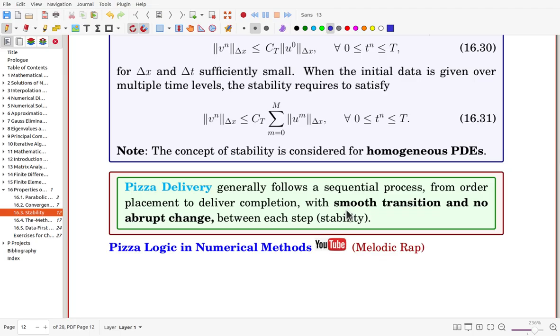Along with this strategy, the pizza delivery can be more stable. And for this pizza delivery, I made a song, Pizza Logic and Numerical Methods. You may enjoy this song.